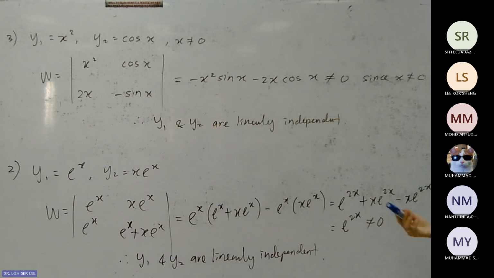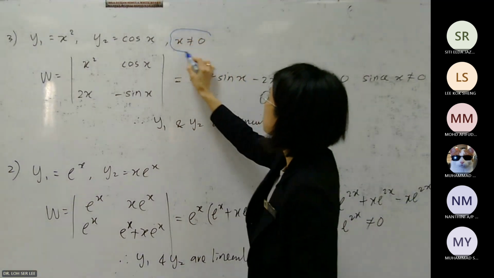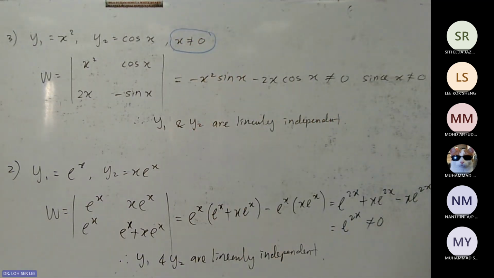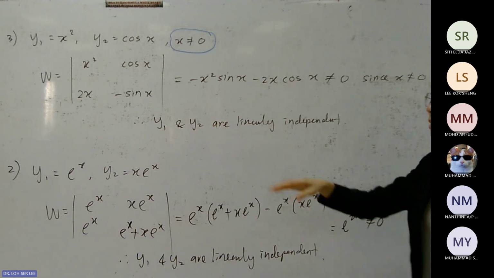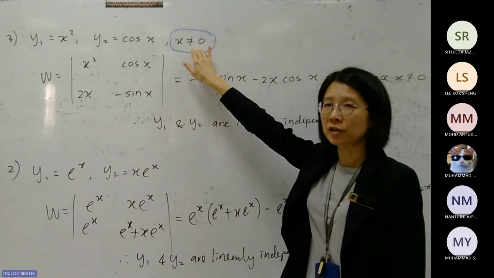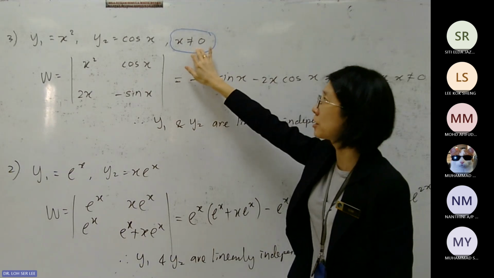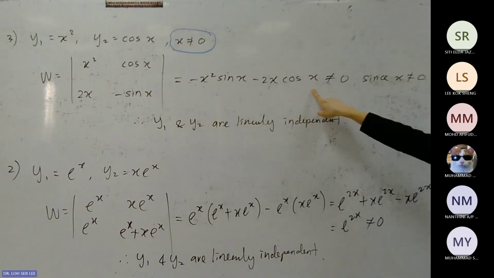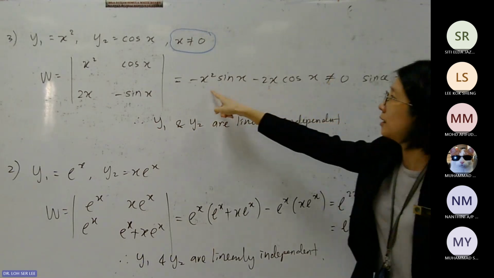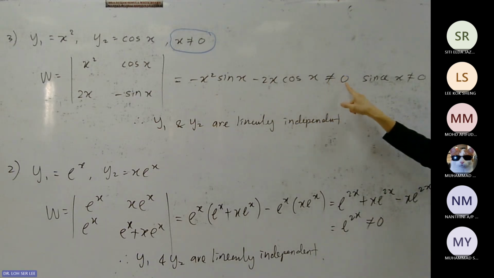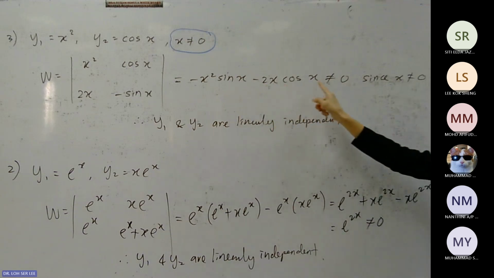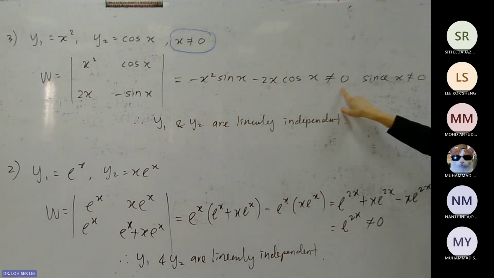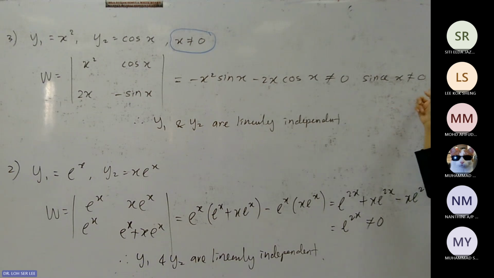What happens if this is not given? I must solve the same way. Yes, you have to solve the same, but you need to give the conditions. If this is not mentioned, your solution will stop here. This is your solution. This function is non-zero when x is non-zero, right?